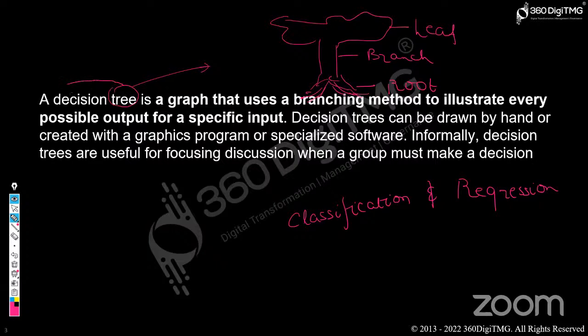Whereas if we talk about a decision tree, first we have our root node, then we have our branches, and then we have our leaf node.